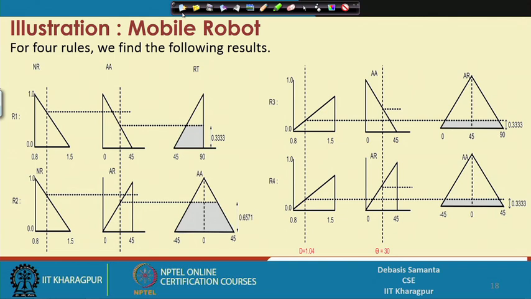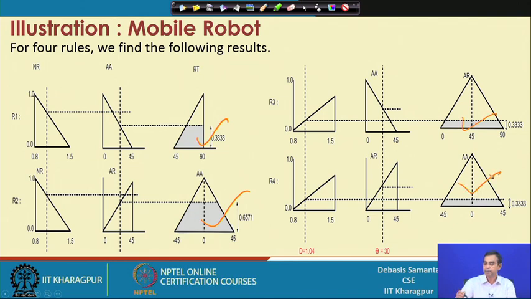Now, let us see what results we can have based on the calculation, say the COG method. In the case of the COG method, all the outputs can be plotted on the same graph, and then from the resultant graph we can apply the COG method calculation so that the fuzzy output can be calculated. I can give an example here.